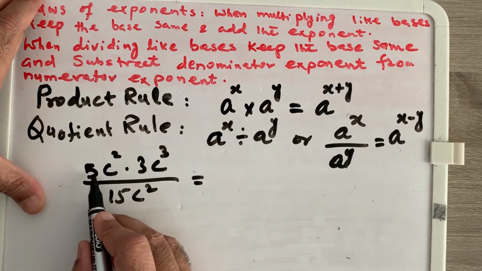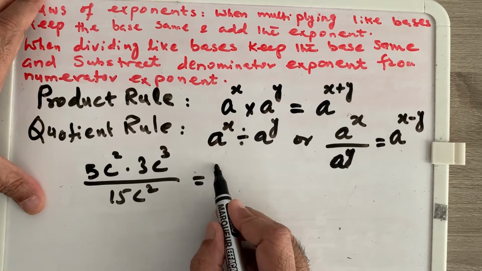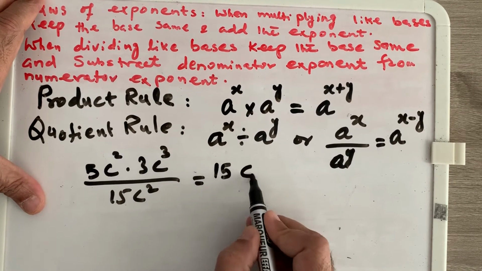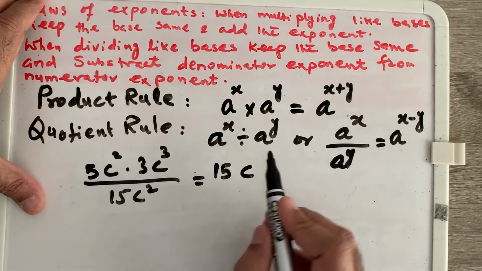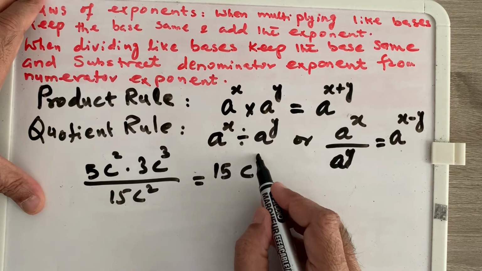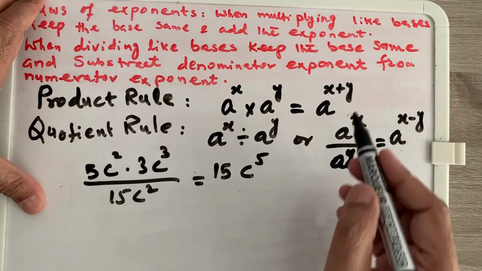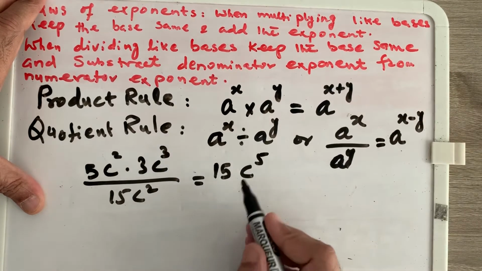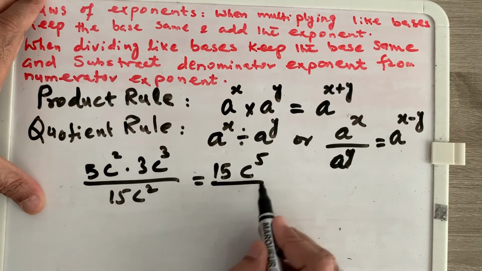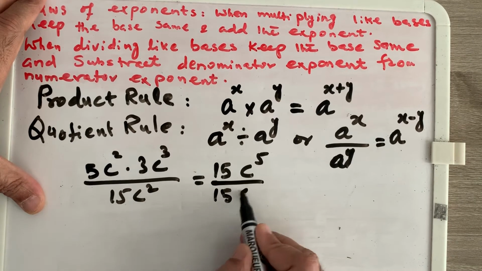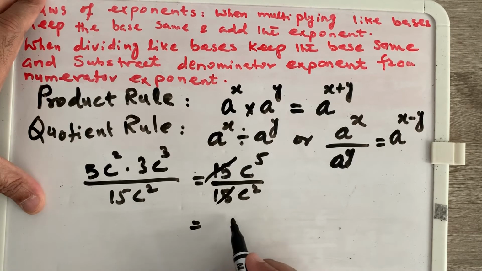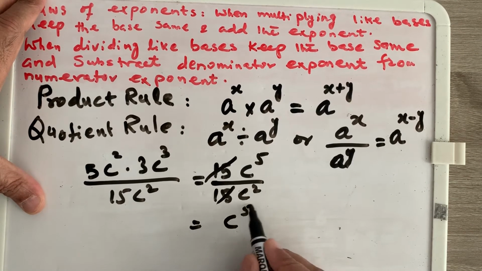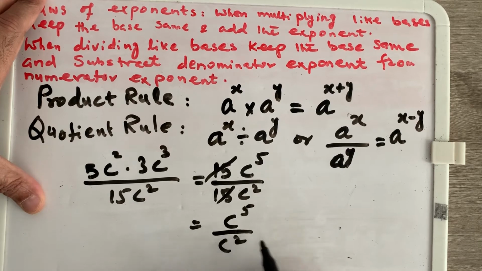Numbers go with numbers, 5 times 3 is 15, and c, same base, c power 2 and c power 3 will get added. So I have c power 5. I can write directly c power 5 divided by 15c squared. 15 gets cancelled with each other, and I am left with c power 5 divided by c power 2.